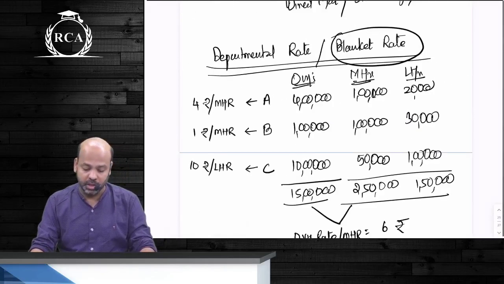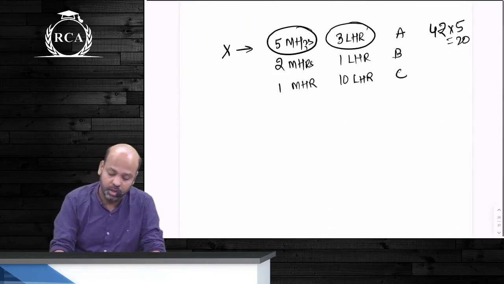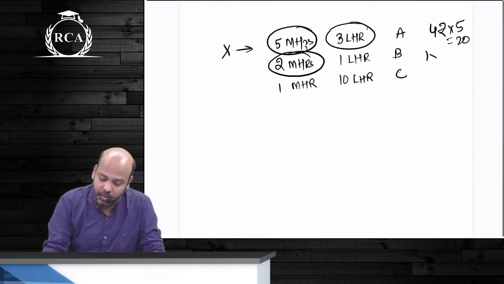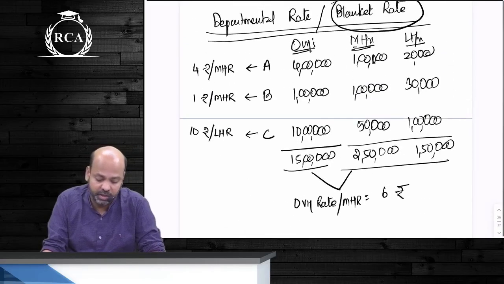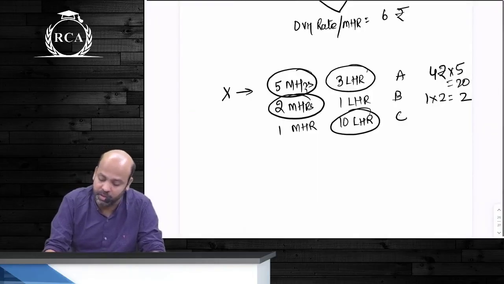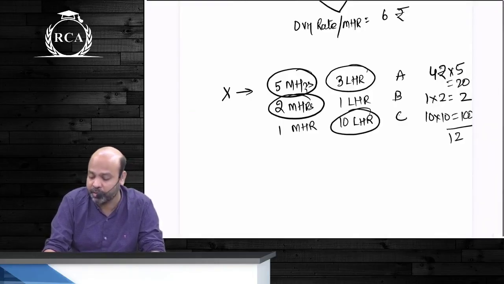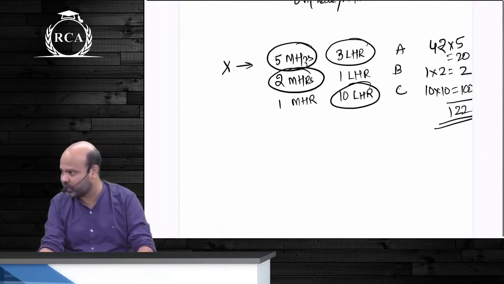If I consider department B, 1 rupee per again what? Here I'll write 1 rupee multiplied by 2. कितना हो जाएगा? For department C, 10 rupees per. I'll write 10 rupees here multiplied by 10. The amount will become 100. The total share of overheads will become 122. Each department you're going to absorb overheads differently.